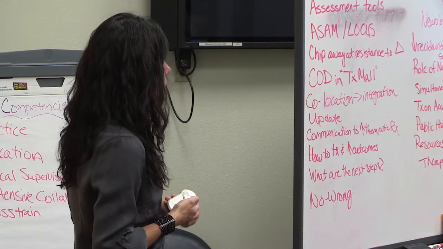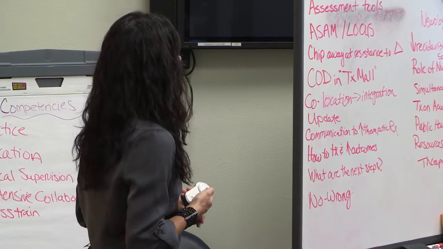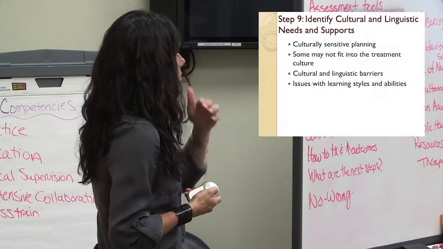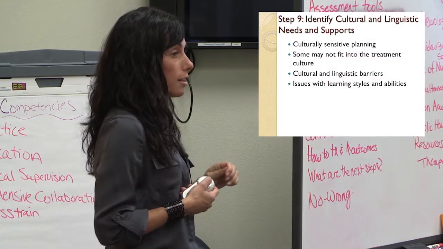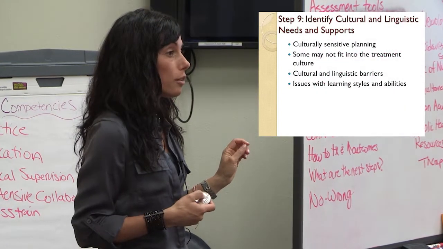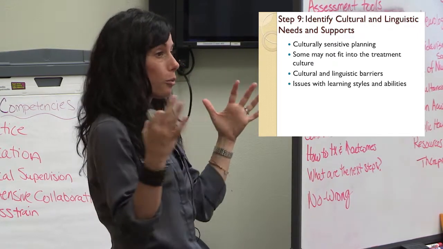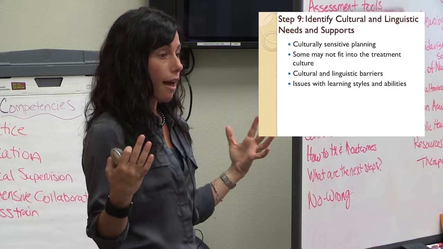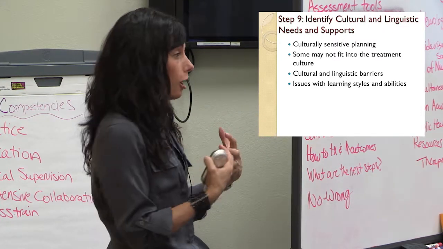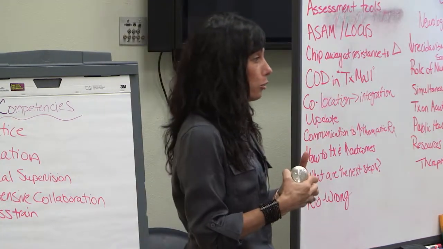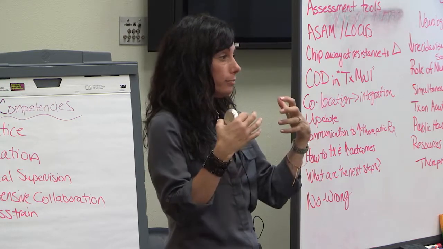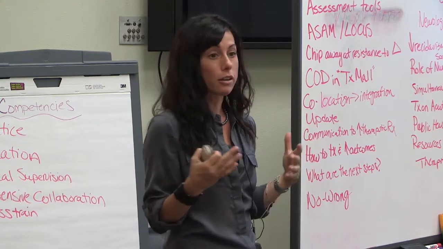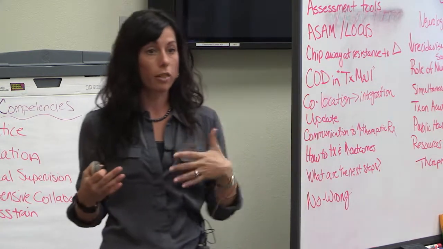Identify cultural and linguistic needs and supports. So we want to be culturally sensitive about our planning, and culturally sensitive does not necessarily mean that it's only culture for what's visible. So many people have strong cultural ties to cultural dimensions that are not necessarily obvious just by looking at them.